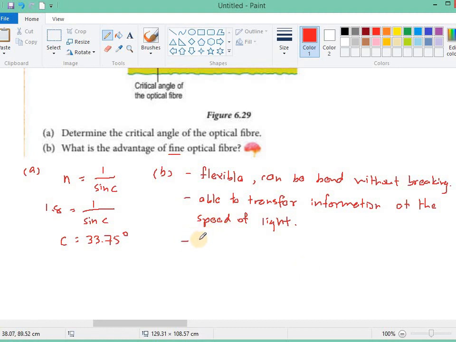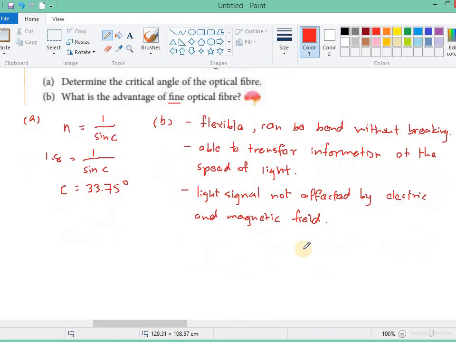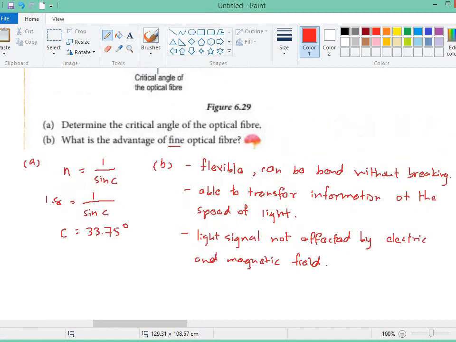Also, the light signal is not affected by electric and magnetic fields. So these are the advantages of fine optical fiber.